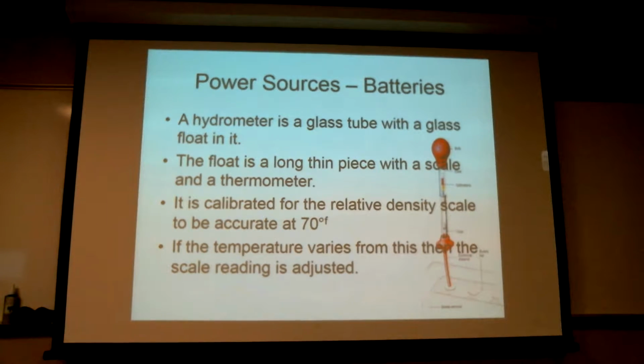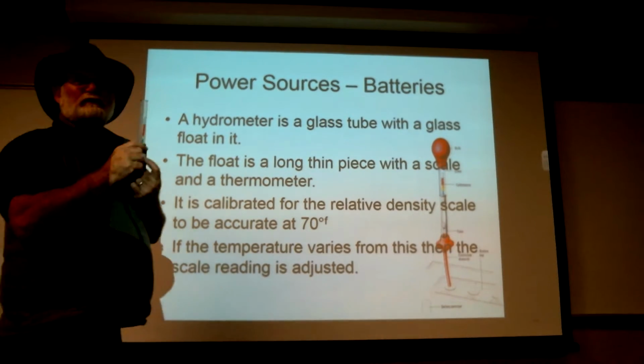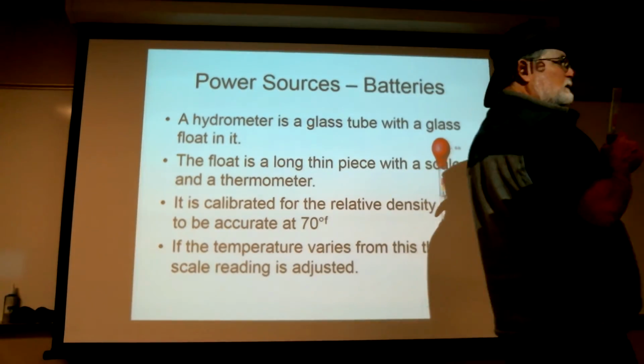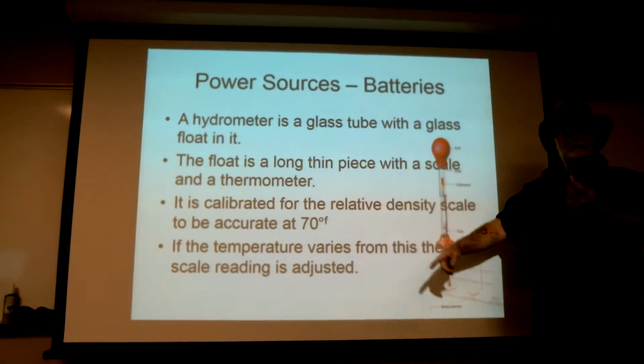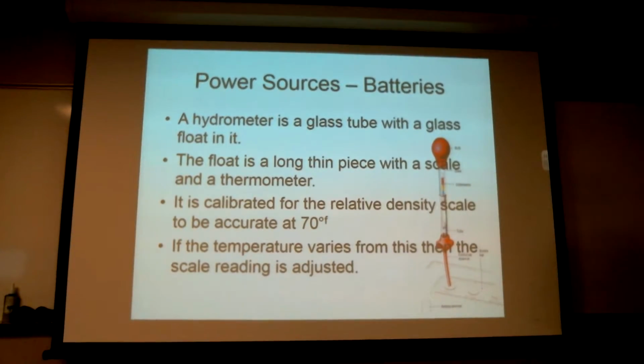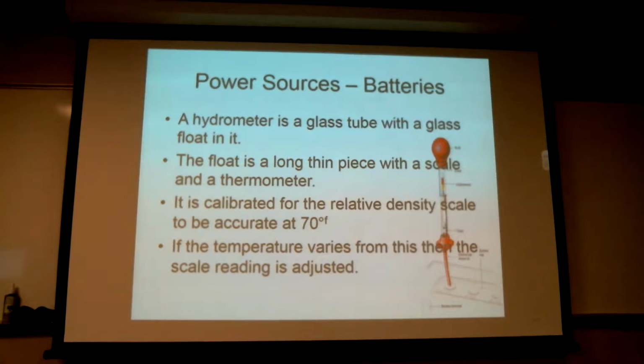New and improved, a little thermometer sticks into there. This one is zeroed at 80. I think the FAA test questions focus on 80 as well. It doesn't really matter where you put that as long as you're adjusting up or down from there.